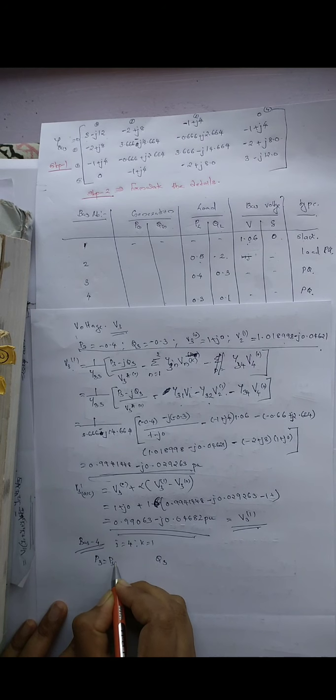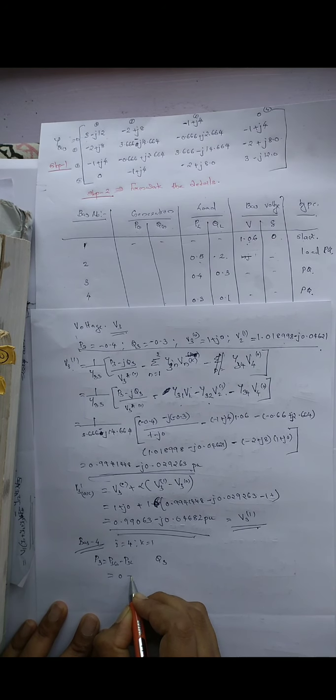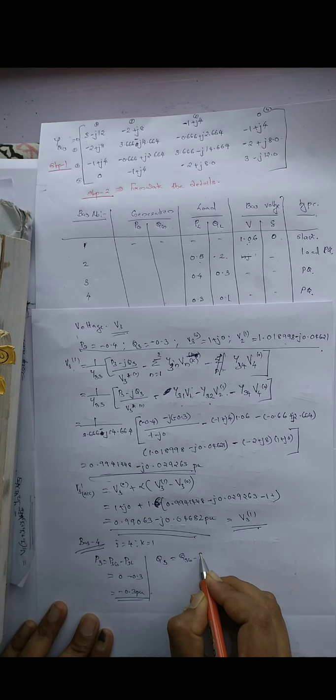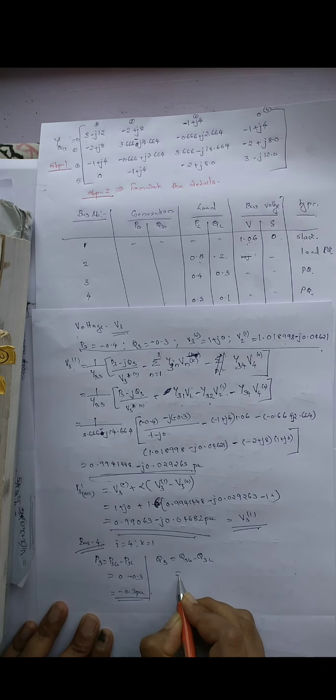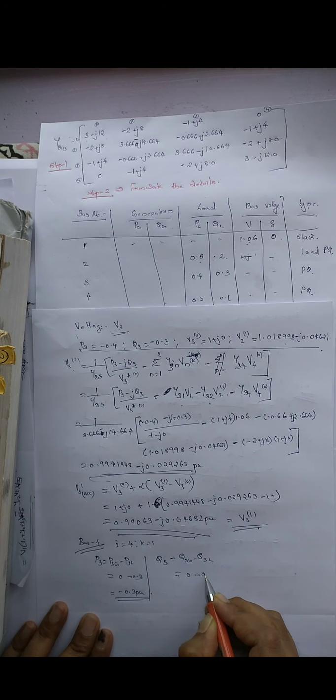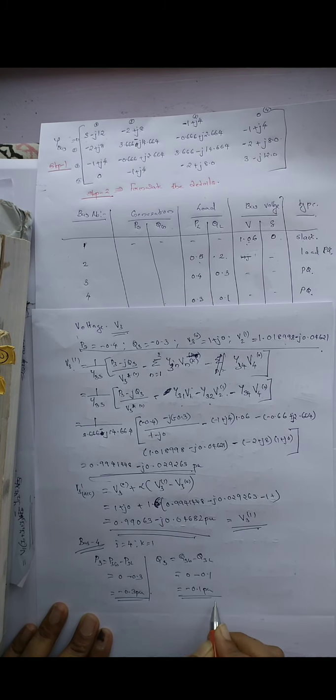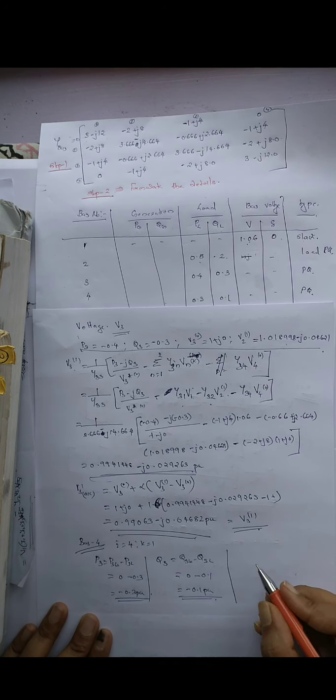P3 is equal to P3G minus P3L. That value is 0 minus 0.3, which is minus 0.3 per unit, and Q3 is equal to Q3G minus Q3L, that is 0 minus 0.1, which is minus 0.1 per unit. So this is the value for P3 Q3.